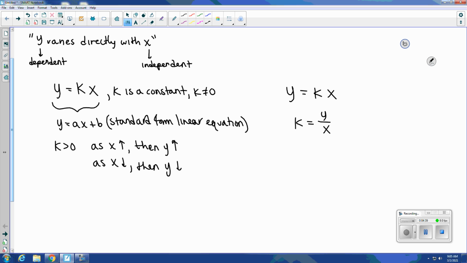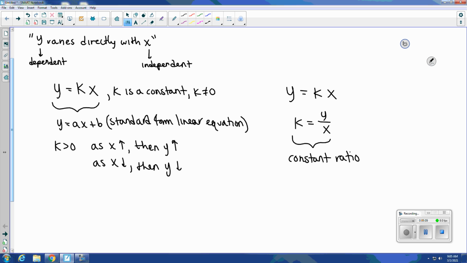What this reveals to us is a way to determine whether or not a set of points indicates we have a direct variation between the two variables. Direct variation will have a constant ratio between the variables. So that is what that tells us. If we want to identify direct variation, we're looking for a constant ratio between quantities of x and y.